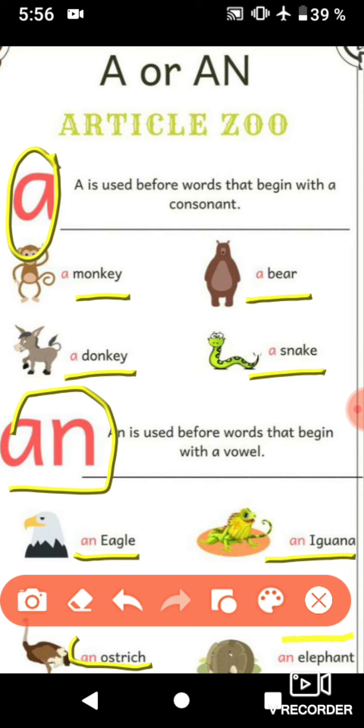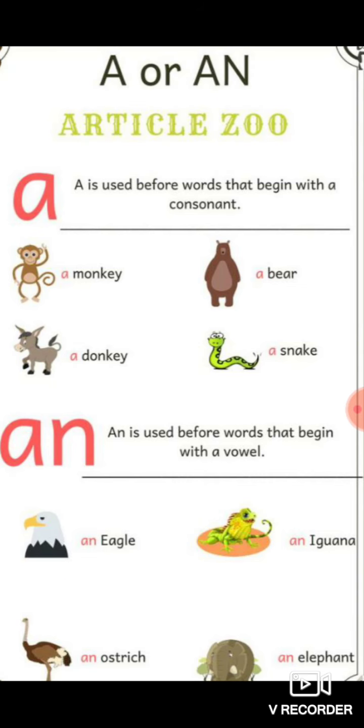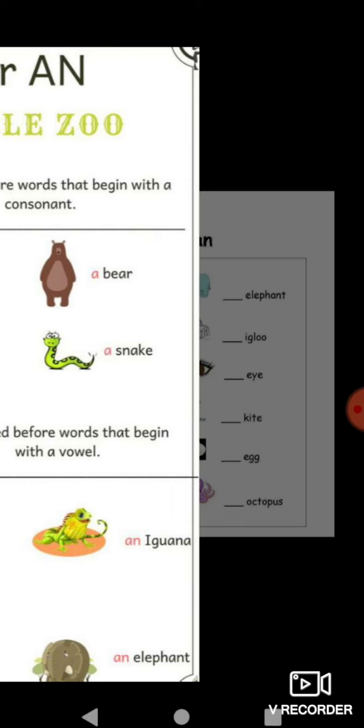The next one we are talking about is an elephant. What is the sound of the first word? We are saying elephant. So it is correct if we say an elephant. Yes, of course. So now we are using the a and an articles in an effective way.